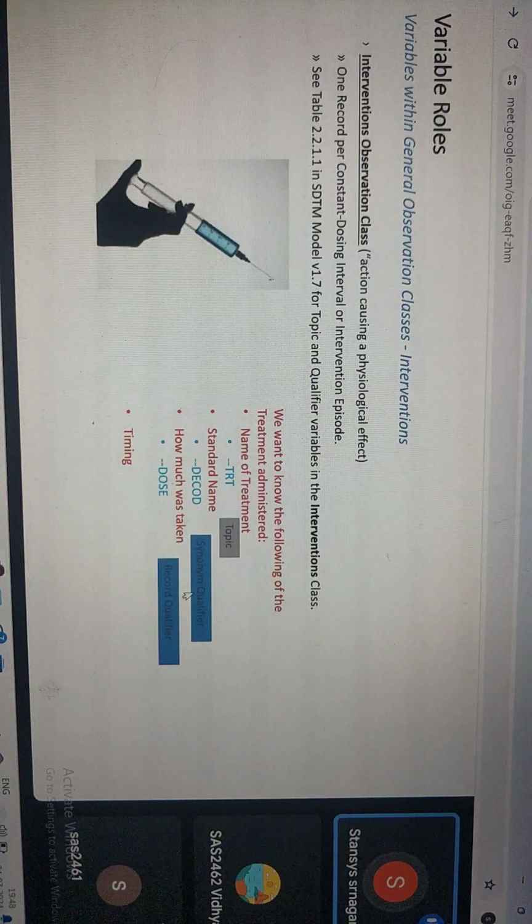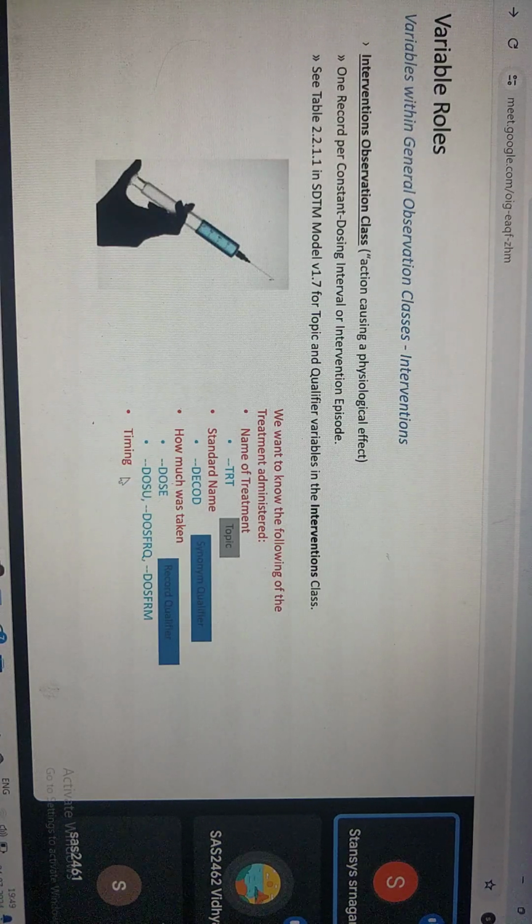Then again, dose units, dose frequency, dose form. Dose units: how much, for example 200. What is 200? 200 mg. Dose units is the mg. Frequency: how many times he took that? If you go to the hospital, the doctor prescribes morning once, evening once, daily twice, daily thrice, weekly once.